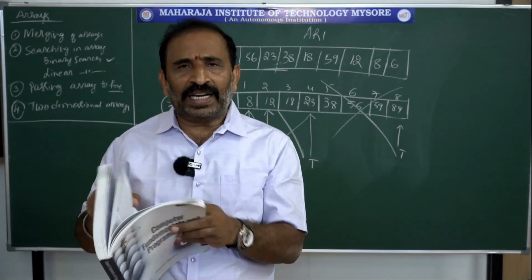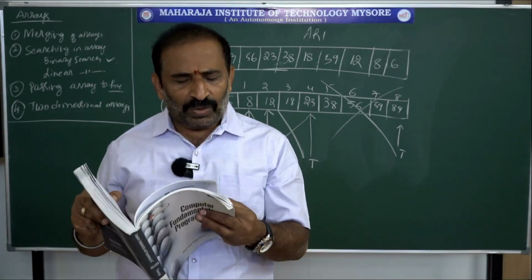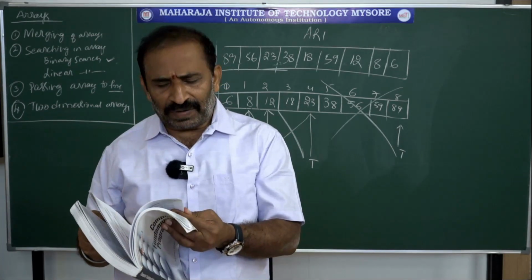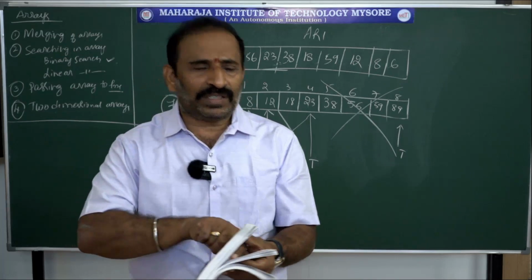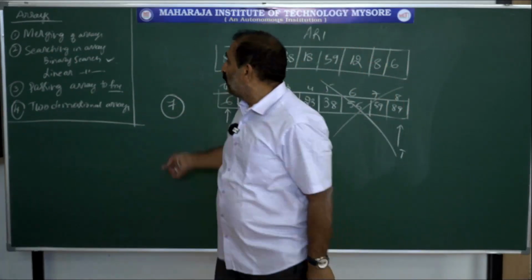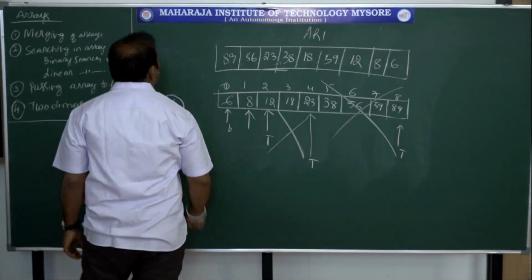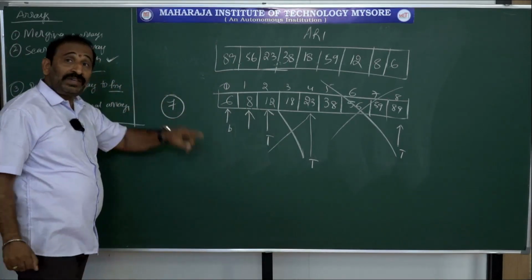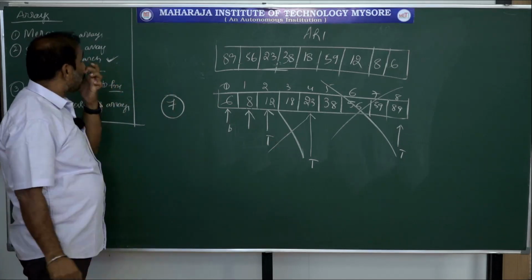I come to 108, so it is to the right. Then I go to 140, to the left. Then 136, again to the left. Like this I will be doing it. Within 4 or 5 attempts, I should be able to reach the value. This is called binary search. We will see this with an algorithm in the next video with the programs.